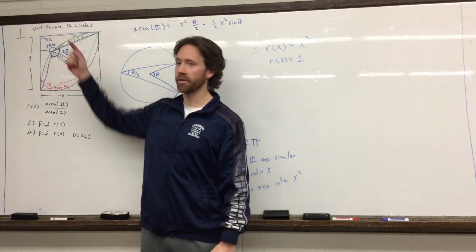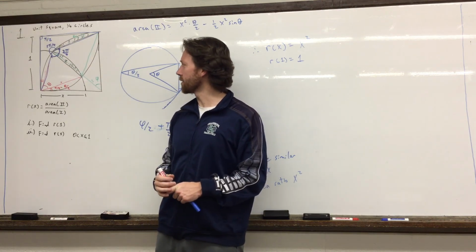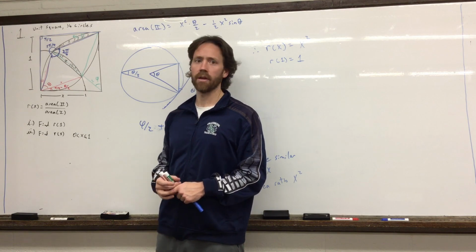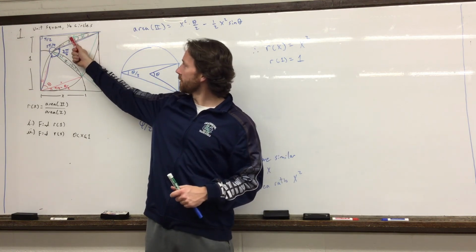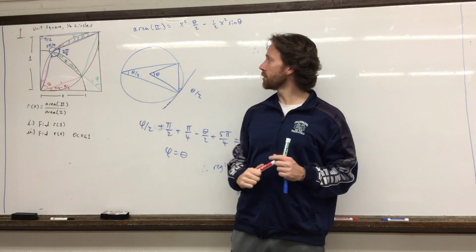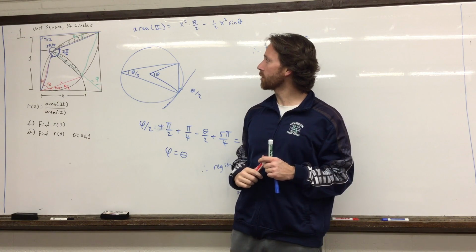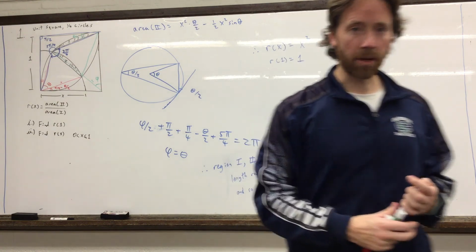You'd have to explain where all these numbers came from. But even if you just wrote them down, I think it's fairly clear. The important step from geometry is realizing that this angle is half of this angle because of this angle measuring theorem from a circle. So, okay, one geometry problem in the books.